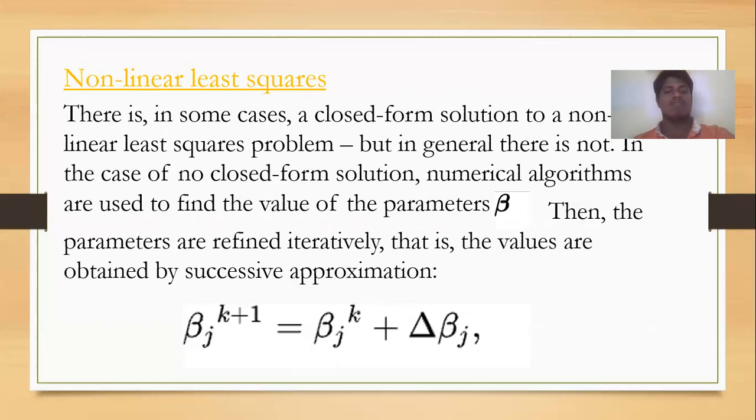In that, we are using the formula beta_j^(k+1) = beta_j^k + delta beta_j. By solving this formula, we can find the value of parameters such as beta. Through this, we can solve the non-linear least squares equations.